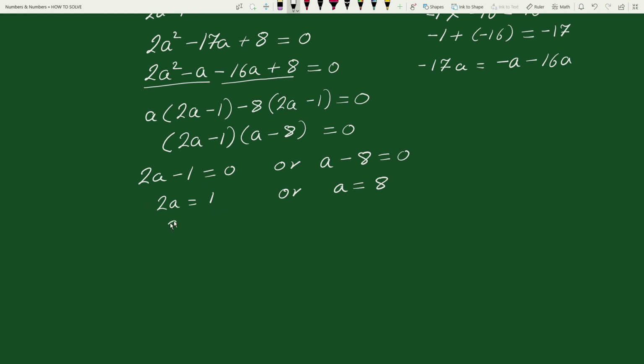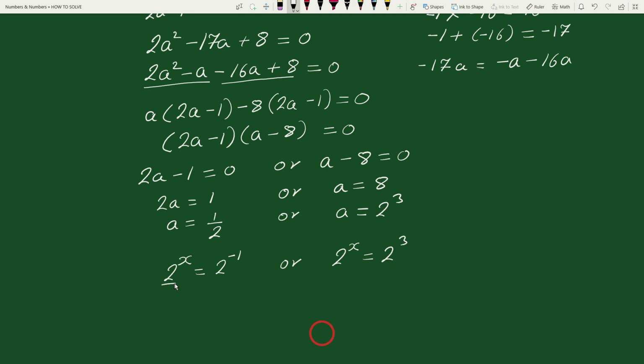From here a equals 1 by 2, or from here a equals 8, which we can write as 2 cube. Now we have taken 2 to the power x as a, so we can write 2 to the power x equals 1 by 2, which can be written as 2 to the power minus 1, or here also we can write 2 to the power x equals 2 cube.